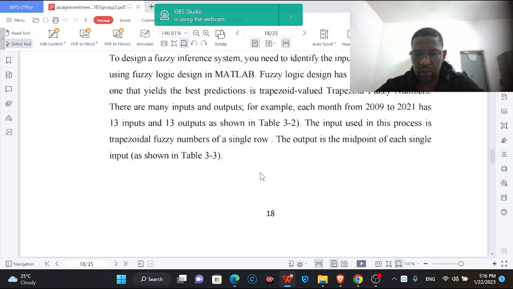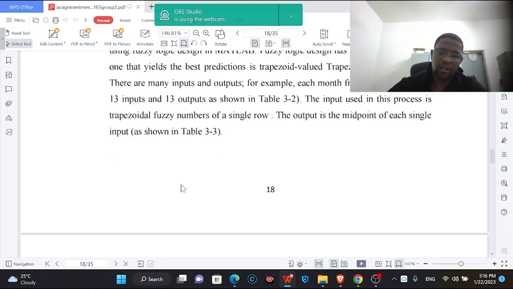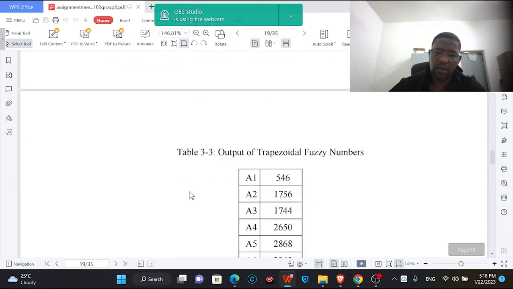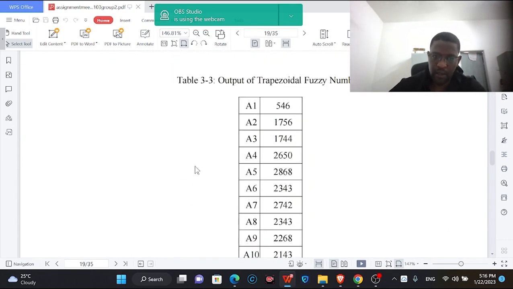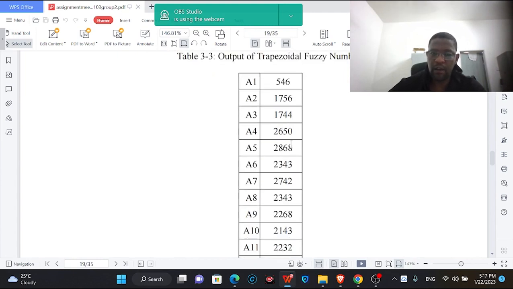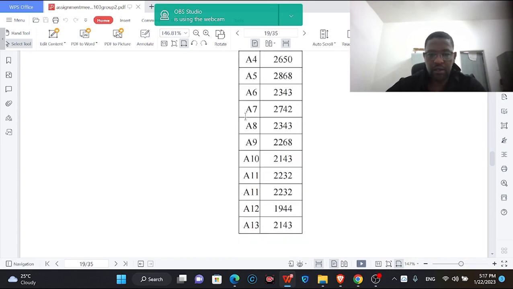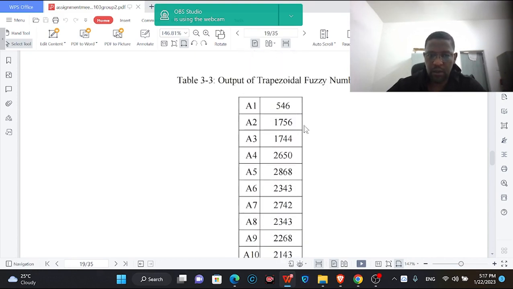The output is the midpoint. For each single input, the next table shows the output, which is a trapezoidal fuzzy number. In the second step, fuzzy system 1 until fuzzy system 13 equal these variables.